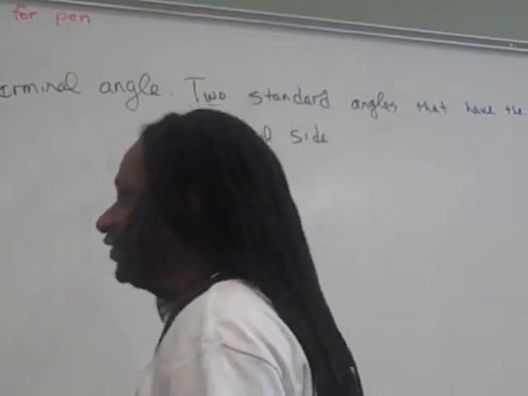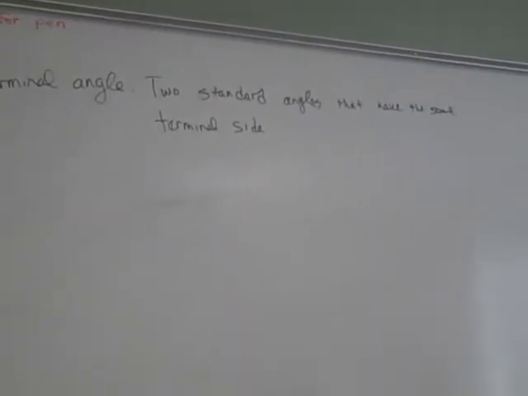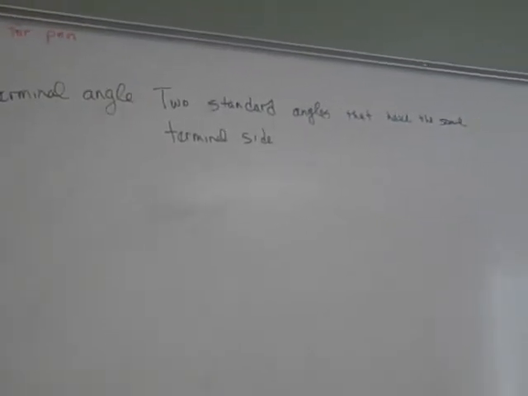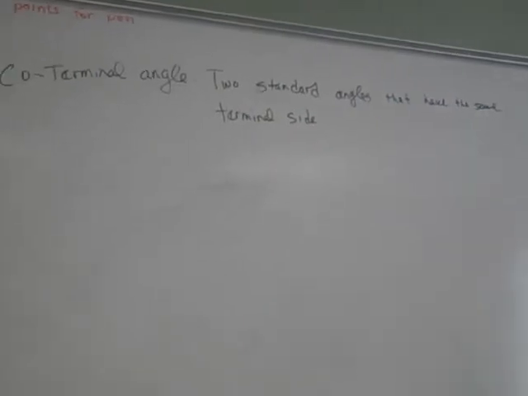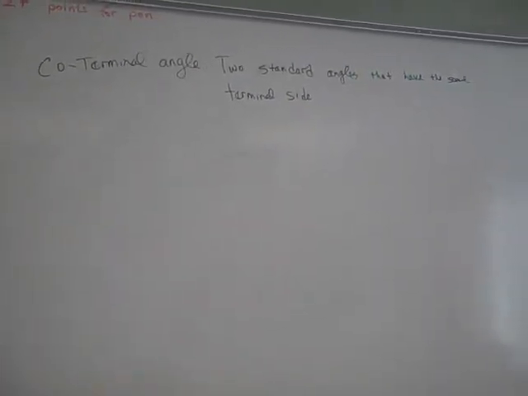Some people will say two angles that end in the same place. Some people will say two angles that have the same terminal side. Some people will say two standard angles that share a terminal side. However you want to put it, that's basically what it is.